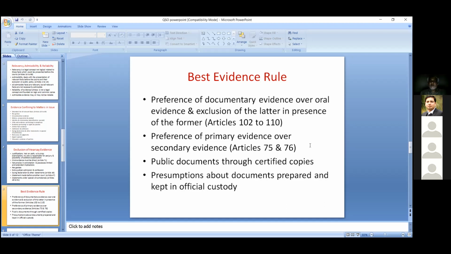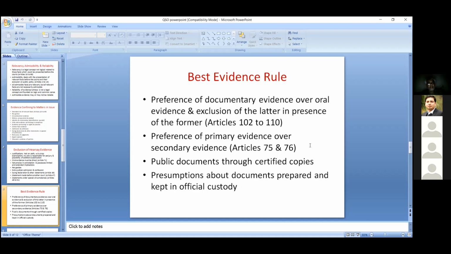So the best evidence should be preferred over relatively evidence which is not best, or which is better, or which is good. So there are two basic representations of this. I have given 4 illustrations here of this particular phenomenon in the law of evidence.